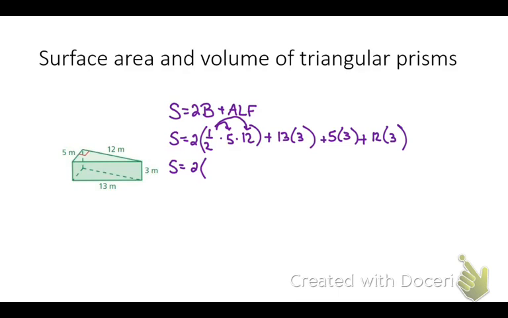What's half of 12? 6. What's 6 times 5? 30. So 2 times 30 plus 39 plus 15 plus 36. All right, you go ahead and finish.